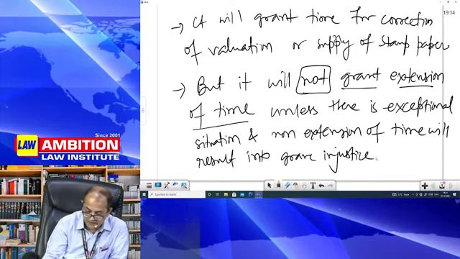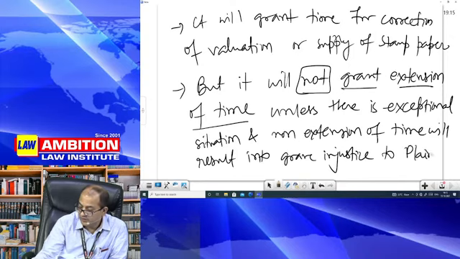So, twin criteria has been suggested. Grave injustice to the plaintiff. Now, what can be an exceptional situation, I tell you.